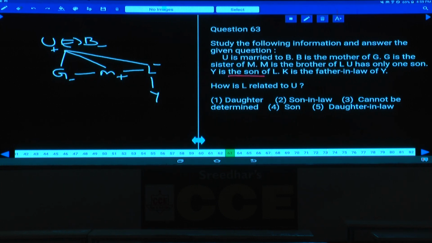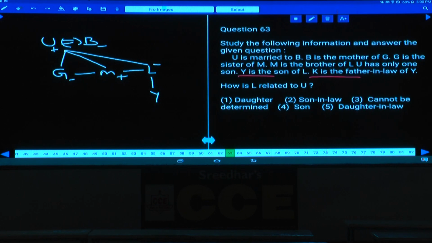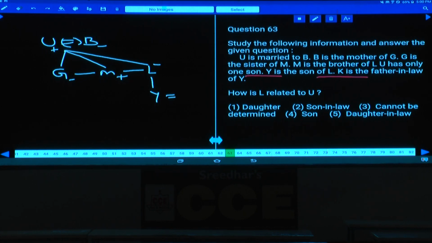K is the father-in-law of Y, so Y's spouse's father is K. How is L related to U? L is the daughter of U, choice 1.